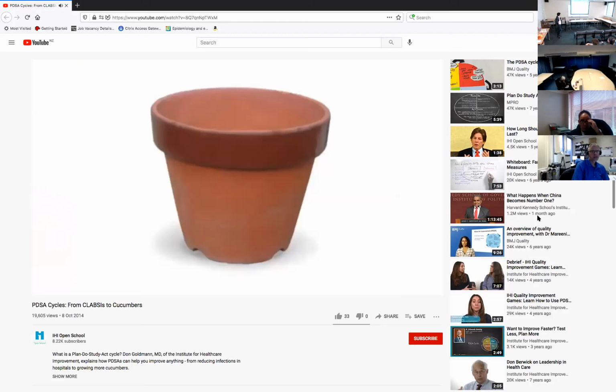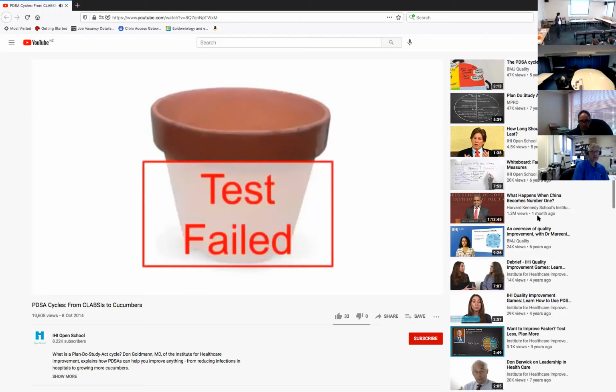My next experiment was to put a large flower pot in front of the cucumber vine, hoping that the guy with the weed whacker would understand that he wasn't supposed to meddle with this thing. And lo and behold, I come back, another PDSA cycle failed, and he'd been mangling my cucumber again.